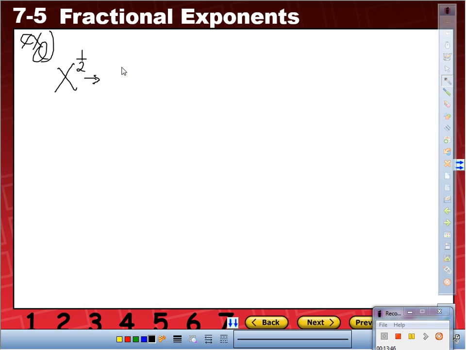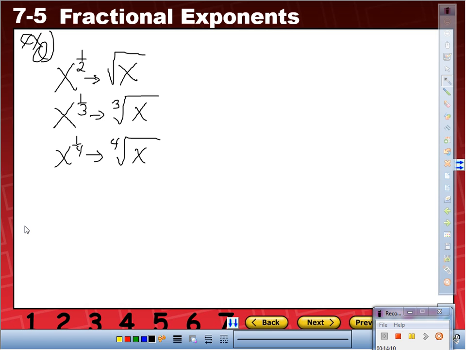This one becomes square root of x. If I wrote x to the 1/3, that becomes cube root of x. If I wrote x to the 1/4, that becomes 4th root of x.